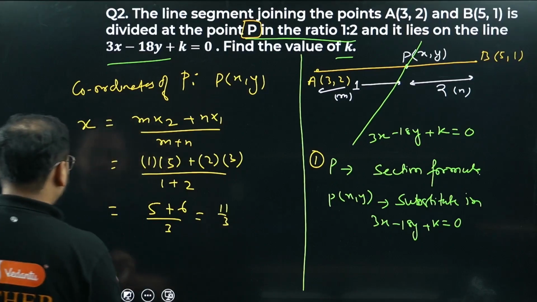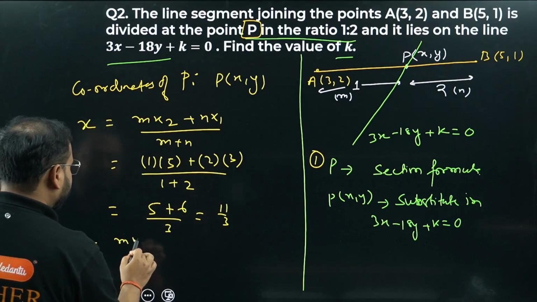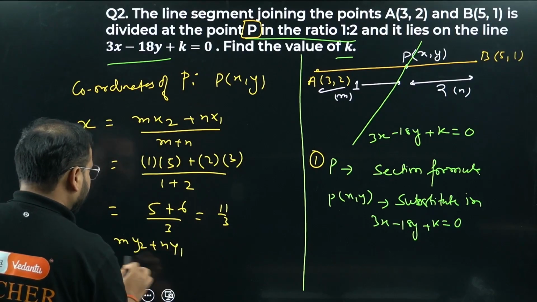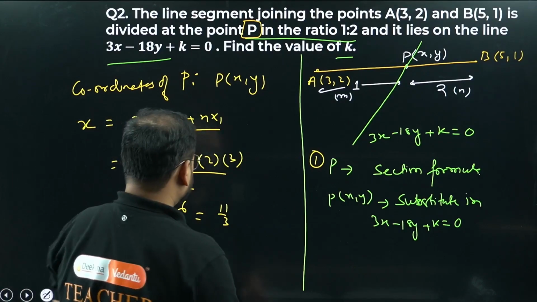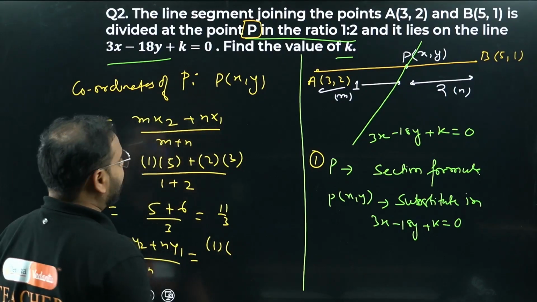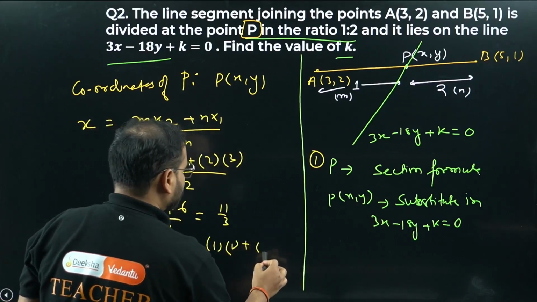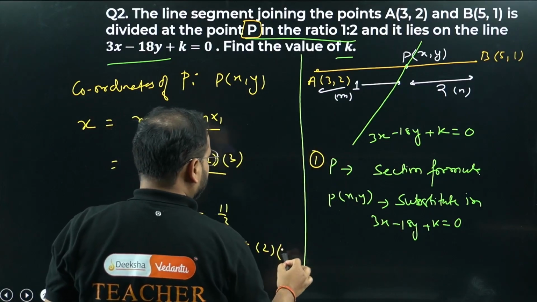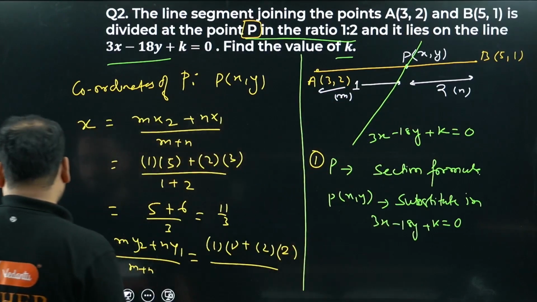Same I can do for the y coordinate. I'll get (my2 plus ny1) upon (m plus n). m is 1 times y2, which is 1, plus n is 2 times y1, which is 2. Please check here: y1 is 2, y2 is 1.